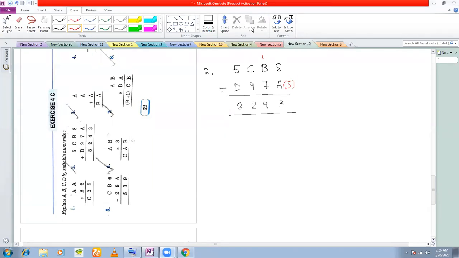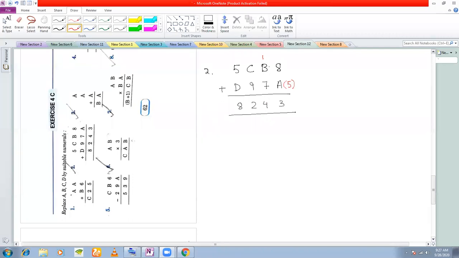8 plus B must give you a 4. How can 8 plus something give you a 4? 8 plus 4, 12, can give you 2, but 8 plus 6 can give you 14. So I can get a 4 here.